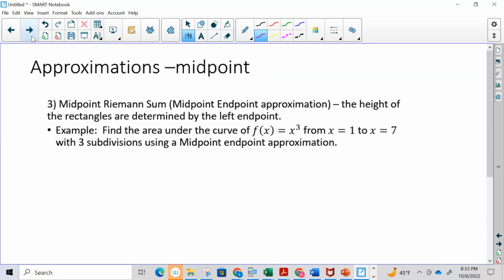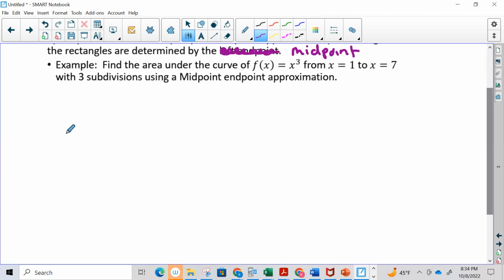Okay, then the third one is the midpoint Riemann sum, or the midpoint endpoint approximation. The height of the rectangles is determined by the midpoint. So same thing, the width is still going to be b minus a over n, because we're doing the same problem.